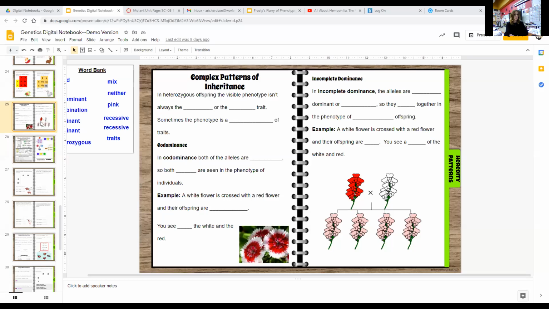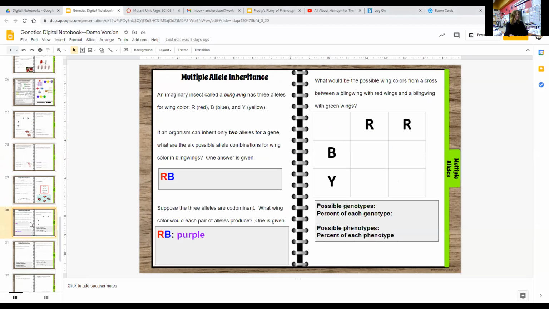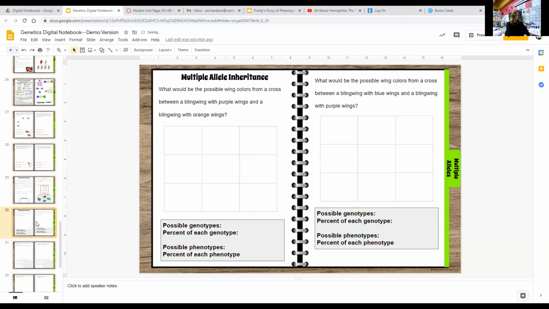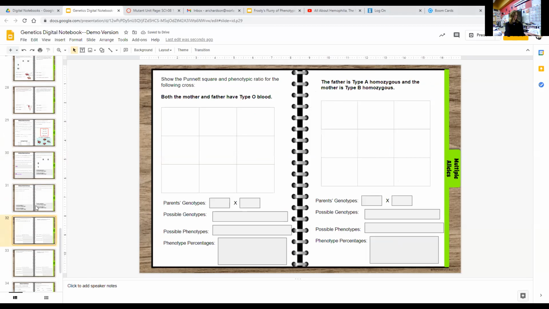So I'm going to go ahead and pull up the notes page. If you would open up your digital notebooks, we're on page 25 today, and we're going to do pages 25, 26, 27, 28, 29. No, we're not going to do 30. I want you to delete pages 30 and 31.